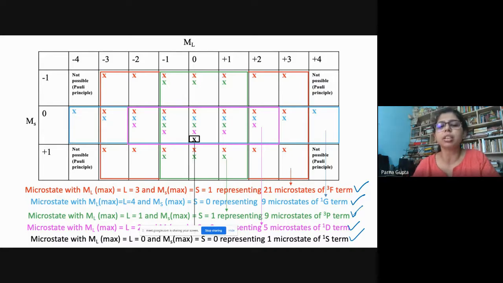We can just say how many microstates there are like this, and then we will learn what is happening. So if there is a D2 system, you can learn, or in the question paper it will be given what the terms are. Only one thing you may have to calculate is which one is the ground term. Now let me explain first.